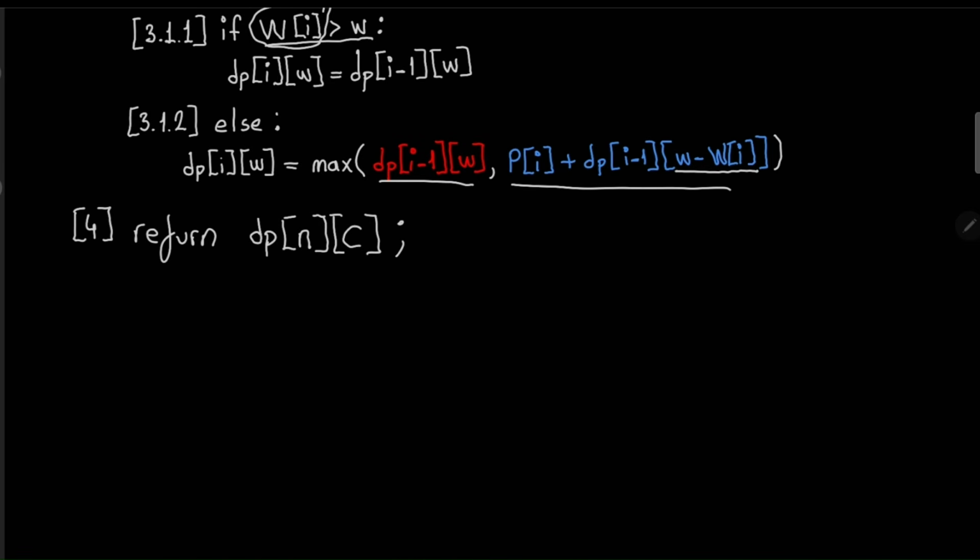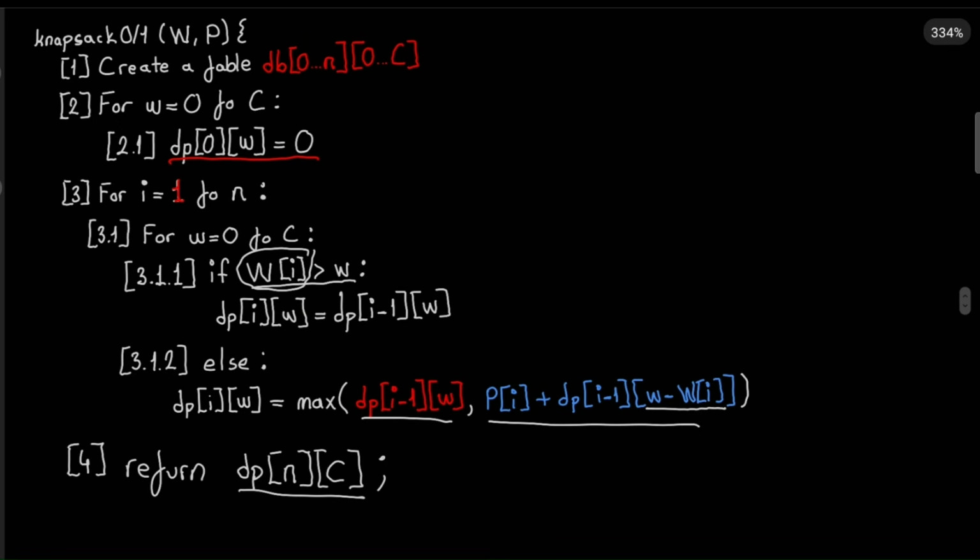So the answer will be in this position at the end. It represents using all n items and the full capacity C. So as I said before, if you didn't understand, don't worry, you will understand everything while we solve our problem. So this is the pseudo-algorithm of the Knapsack 0/1 problem.